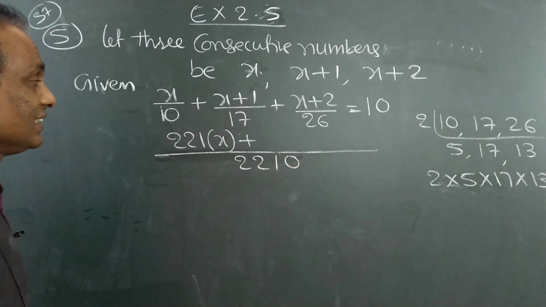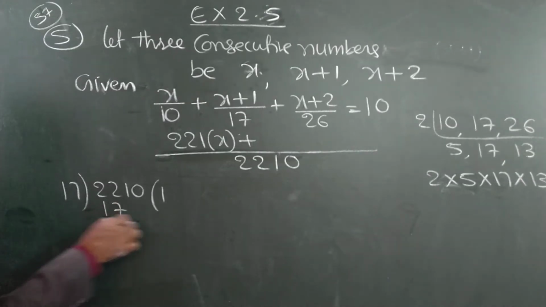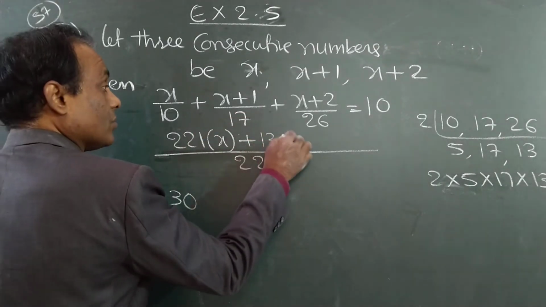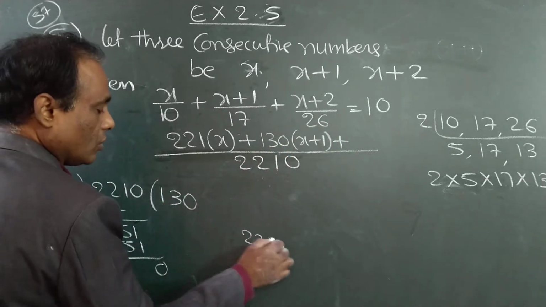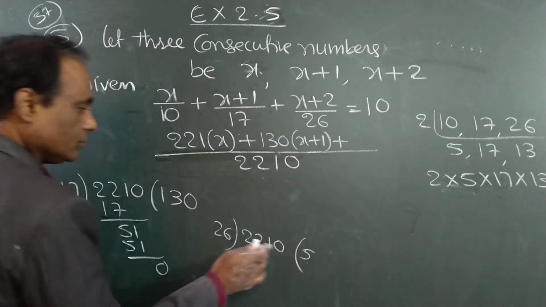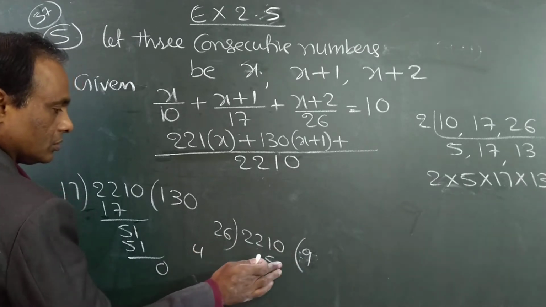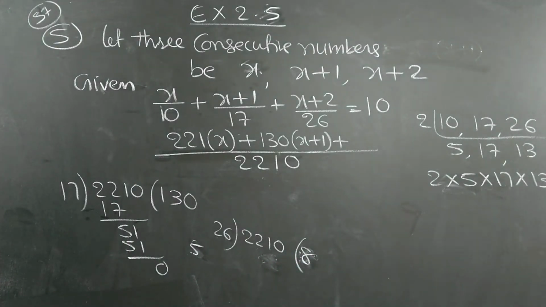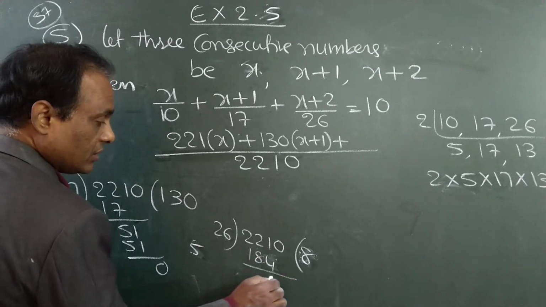Very big simplification. 2210 divided by 17, 130 times. 17, 130 times. 26, 2210, 26 how many times? 6 8s are 48, 2 8s are 16 plus 2, 18.